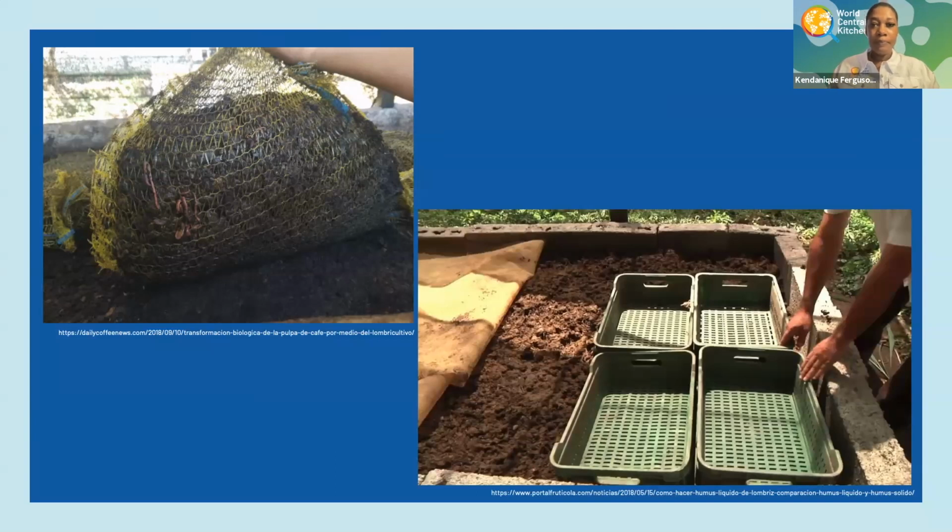Another thing that I want to add: most people ask me if they can feed the worms with animal manure, and yes, it's possible, and I highly recommend it, mainly because the worm casts we get are richer in nutrients and sometimes even in microorganisms too.